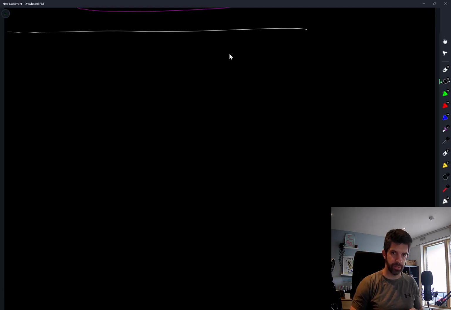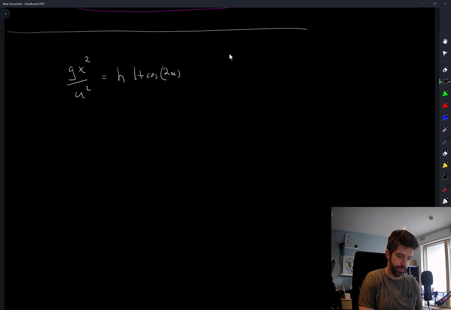Okay, the last part of the question: show that the greatest achievable distance between O and the landing point is u squared over g plus h. Okay, I'm going to rewrite the expression that relates the distance to the angle.